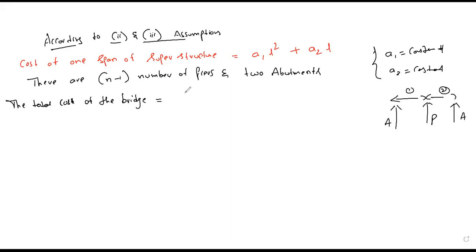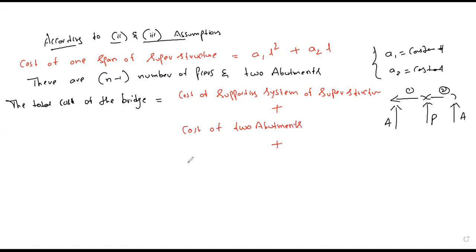Total cost of the bridge is equal to cost of supporting system of superstructure, plus cost of 2 abutments, right?